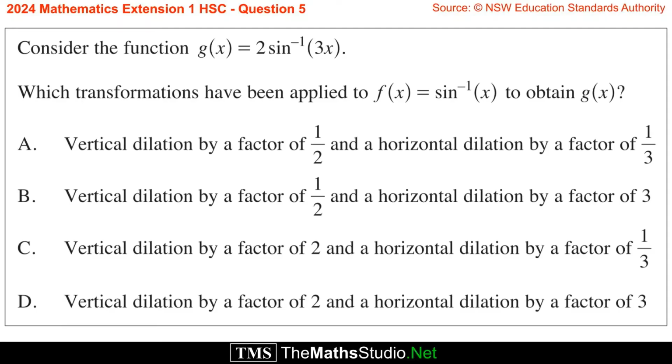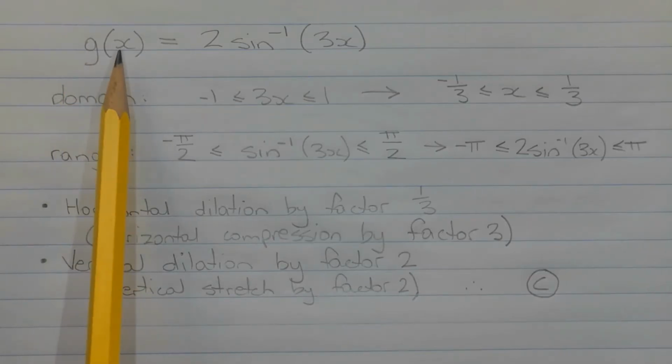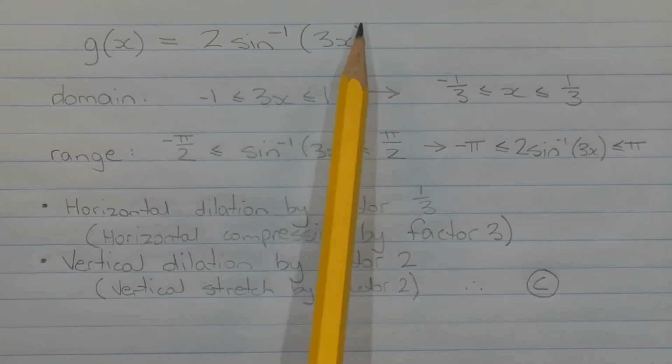Question 5. Consider the function g of x equals 2 times inverse sine of 3x. Which transformations have been applied to f of x equals inverse sine of x to obtain g of x? Consider the domain of the function g of x equals 2 times inverse sine of 3x.